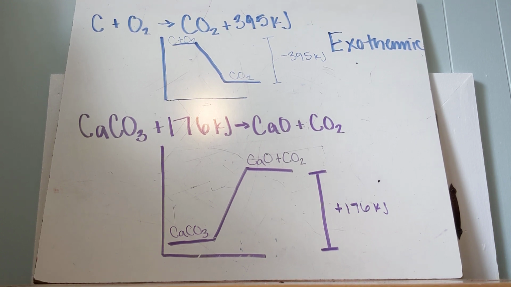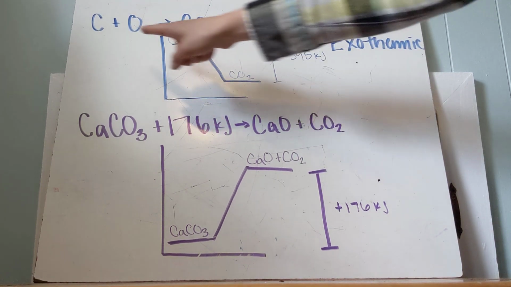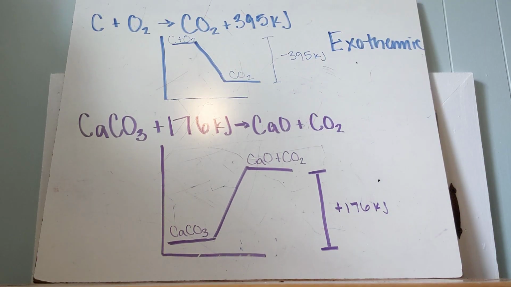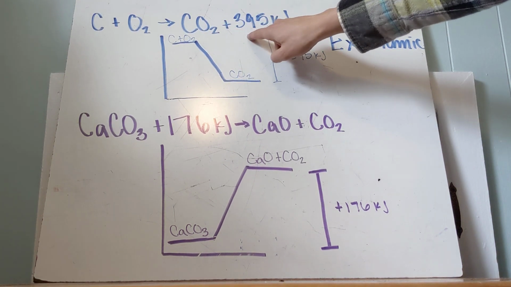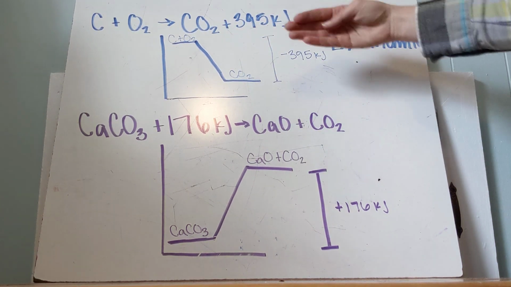The reason that this reaction is exothermic is because it is making new bonds. So these two things are coming together. Whenever we are making connections and making new bonds, that is exothermic. So we are making or releasing energy.